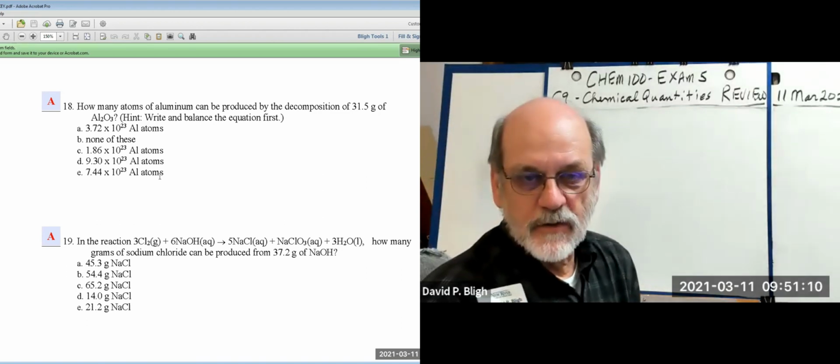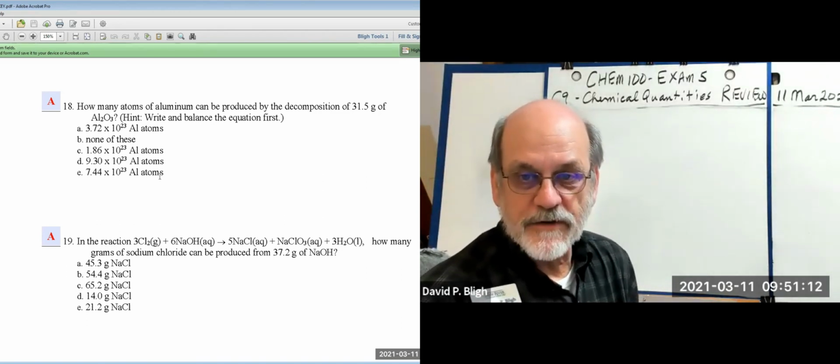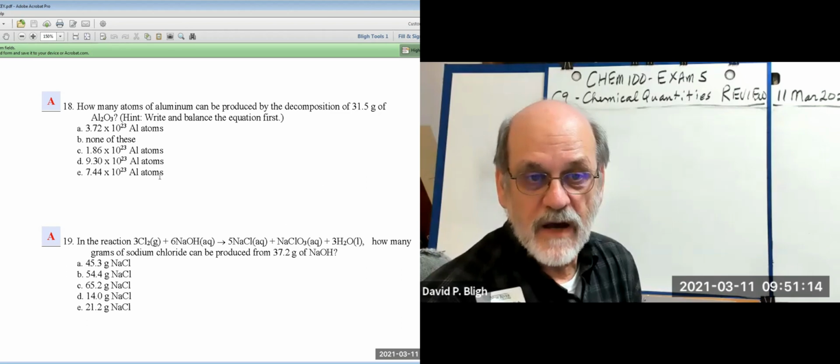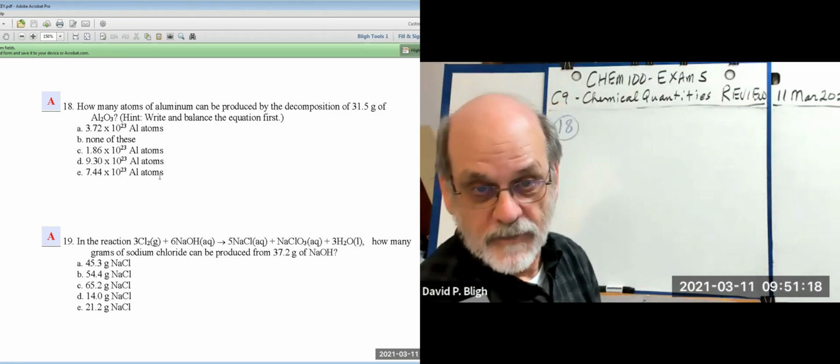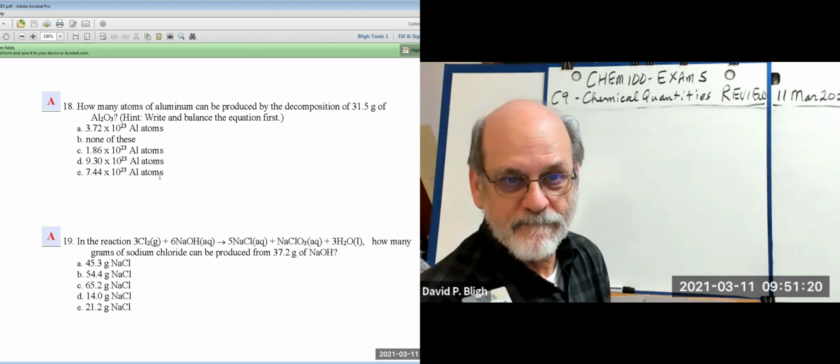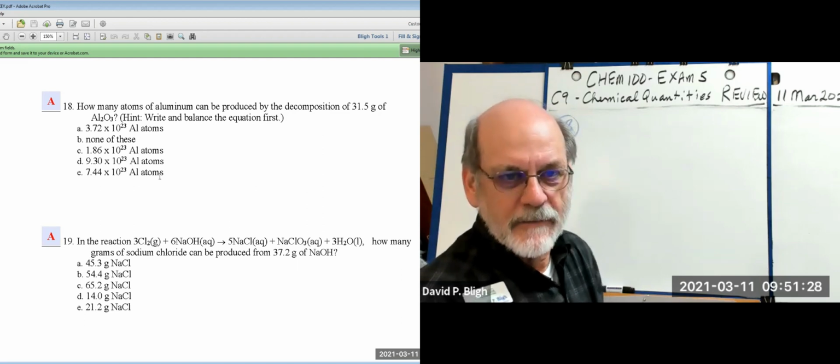How many atoms of aluminum can be produced by the decomposition of 31.5 grams of aluminum oxide? All right, here you go. The decomposition.